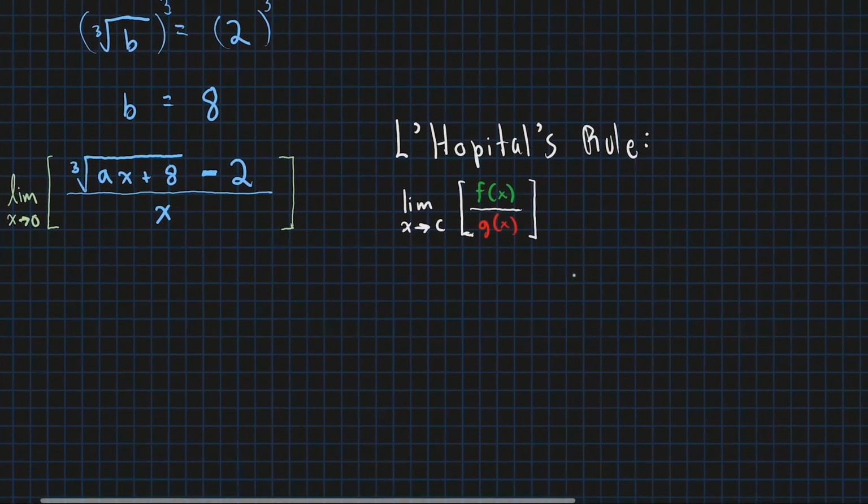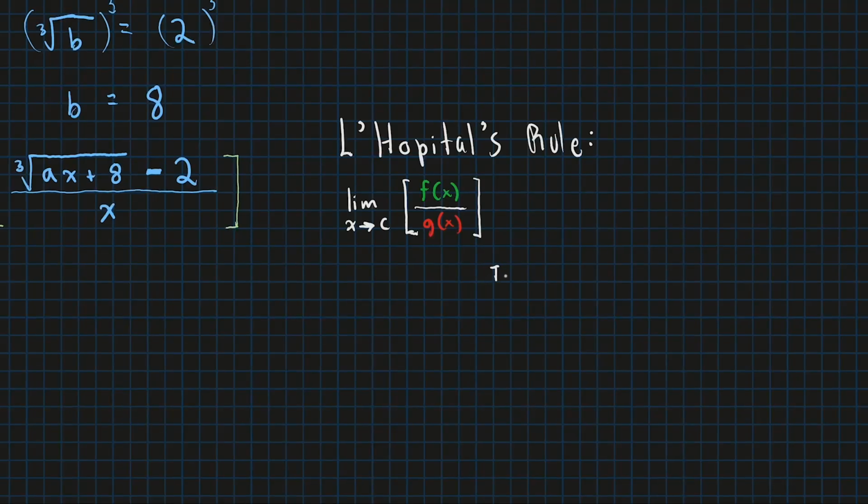We know that if f of c, because this is some arbitrary constant, right? This can be any constant, it doesn't have to be x approaches 0.